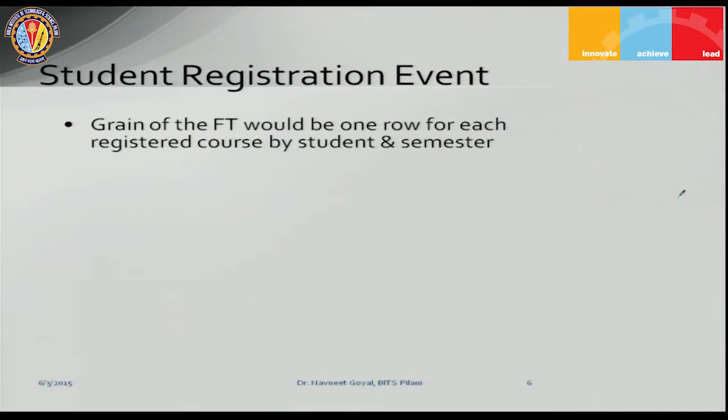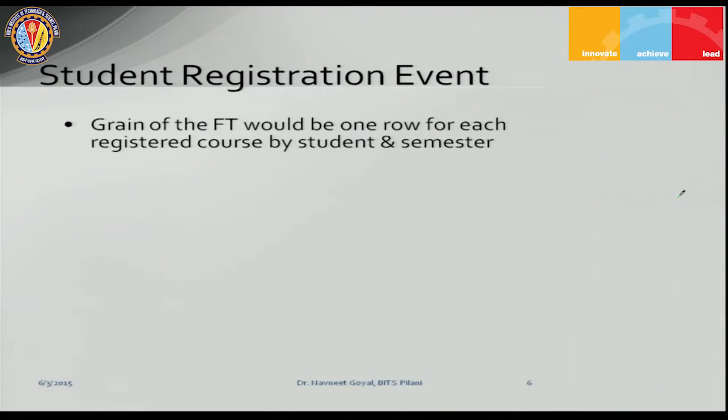Student registration event. Let us look at this process. When a student comes in for the first time in a semester, he has to register. That is what is called a registration event. The grain of the fact table would be one row for each registered course by the student and semester.